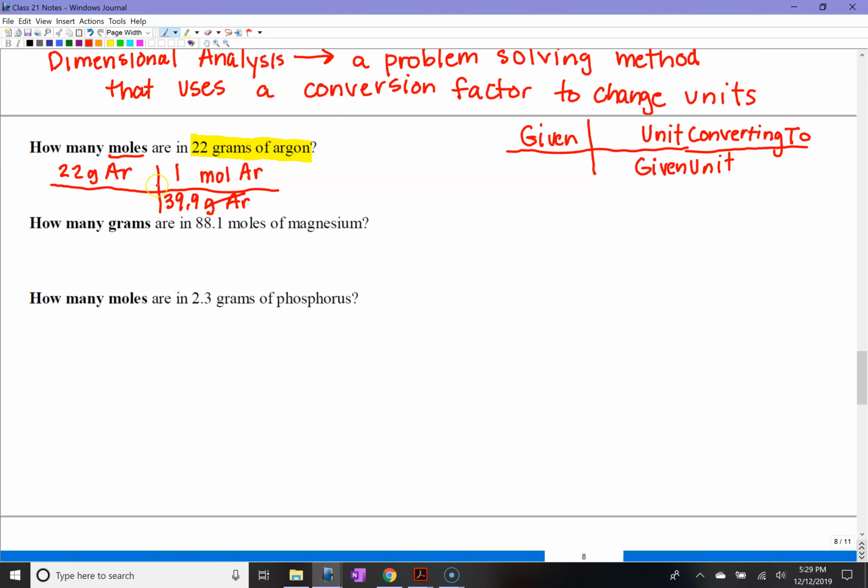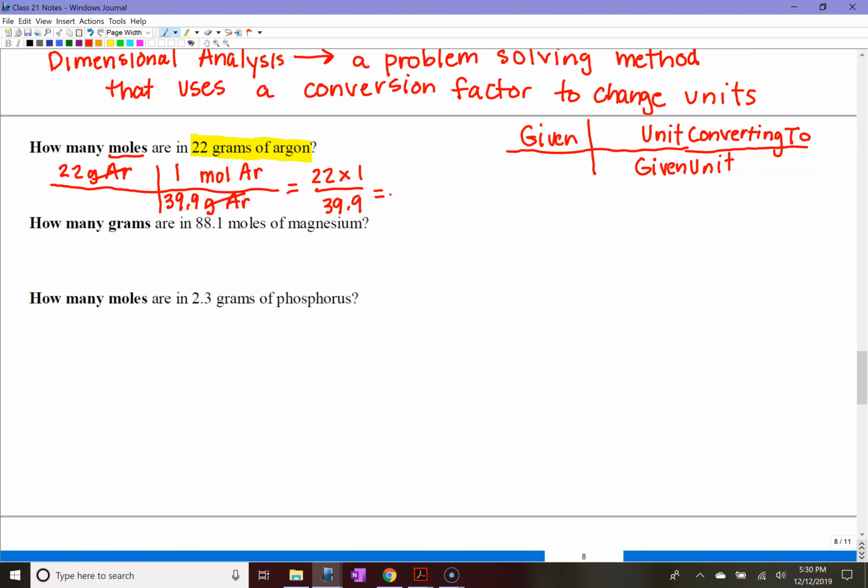Grams of argon being on the top and on the bottom cancel out. And so I'm going to do the math. 22 times 1 divided by 39.9.